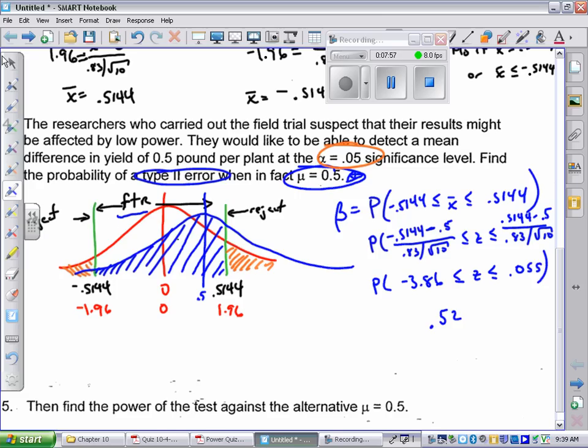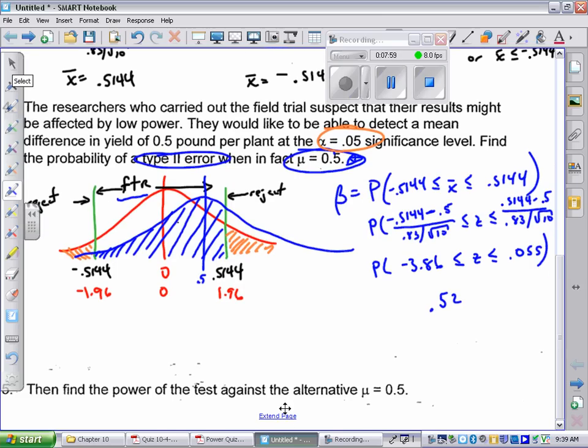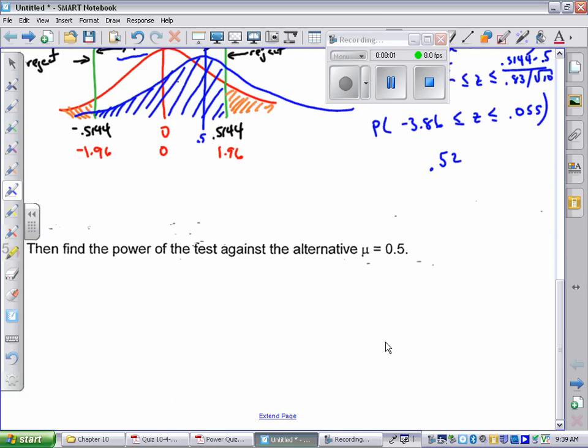Now question 5 turns that on its head and says, what's the power then? Well, power, of course, is 1 minus beta. I guess I could write it like that. That's 1 minus beta, which is 0.48.